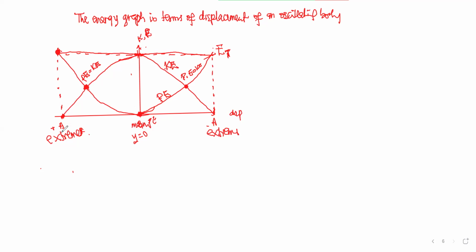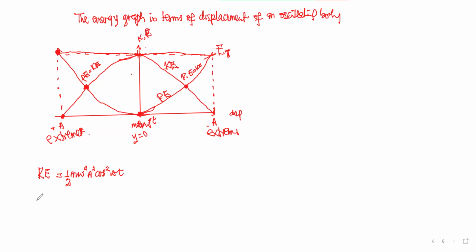We can also plot the energy graph, this time with respect to time for one cycle. When we derived the equation for kinetic energy with respect to time, we had half m omega squared A squared cos squared omega t.